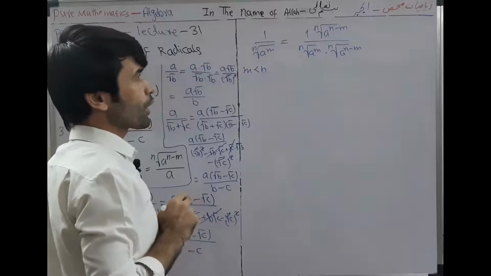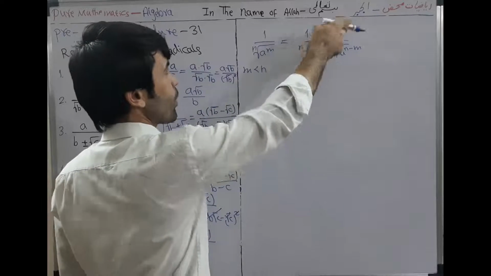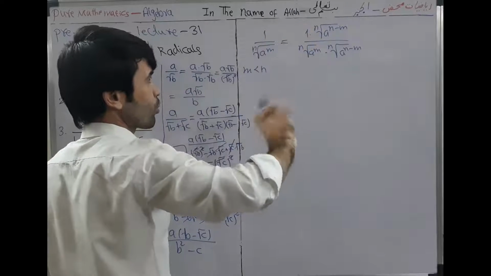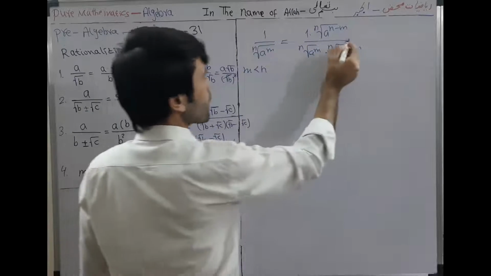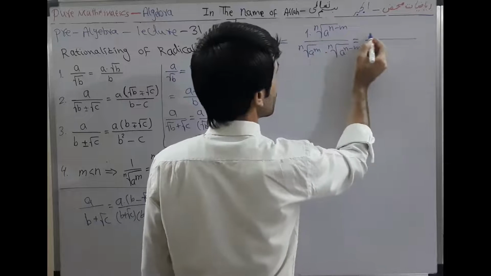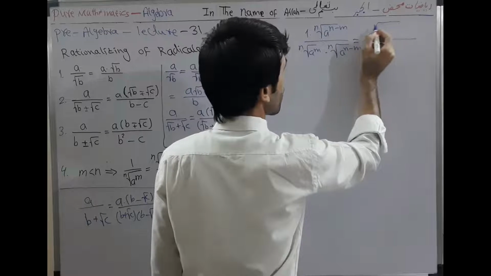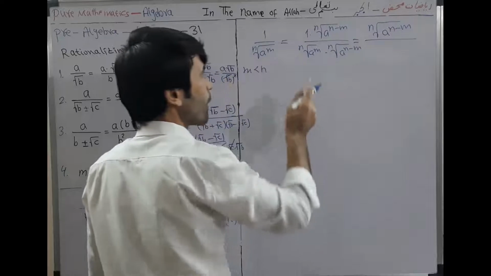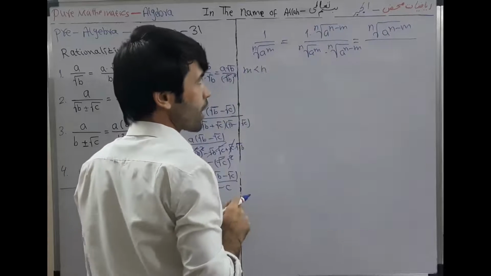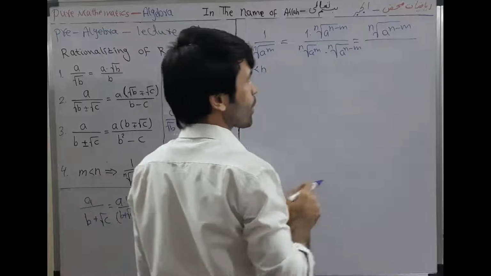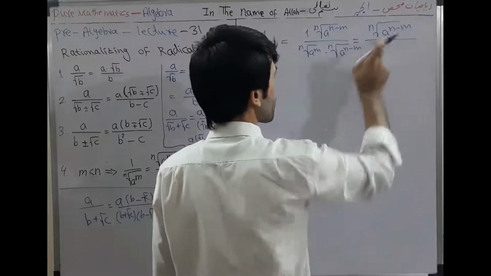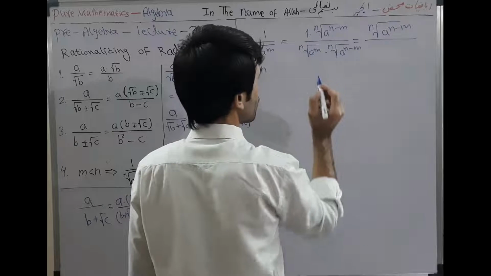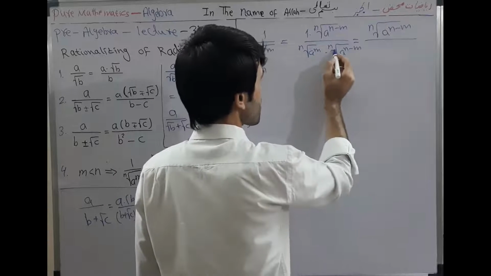We multiply by the nth root of a to the power n minus m, numerator and denominator both. Then we get 1 multiplied by the nth root of a to the power n minus m over the nth root of a to the power m multiplied by the nth root of a to the power n minus m. And these two radicals are the same.